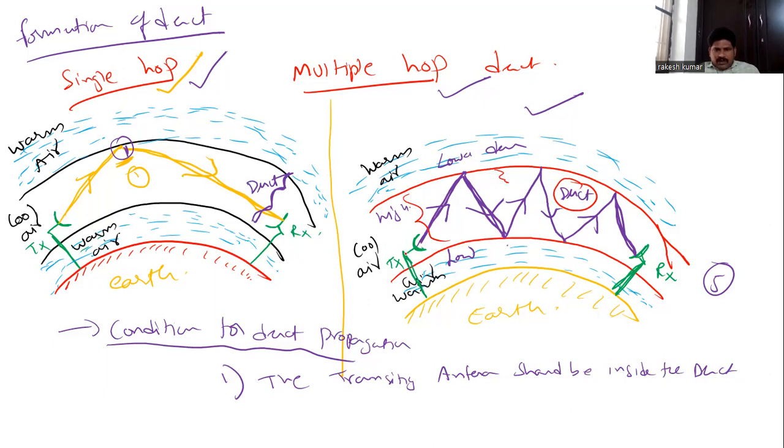So where is my transmitting antenna? My transmitting antenna is in the duct region. So the transmitting antenna should be in the duct.